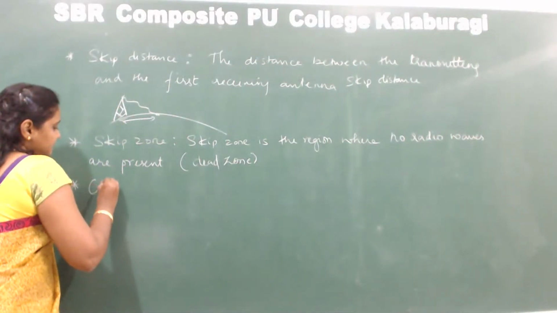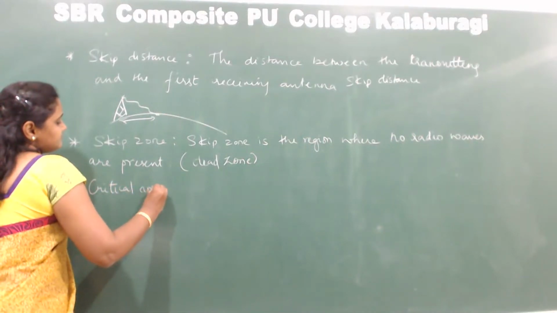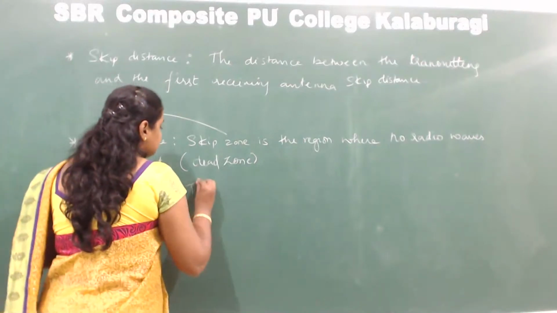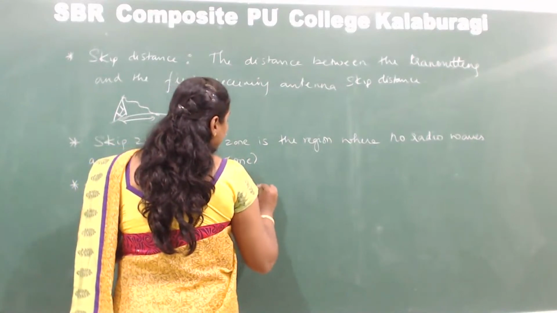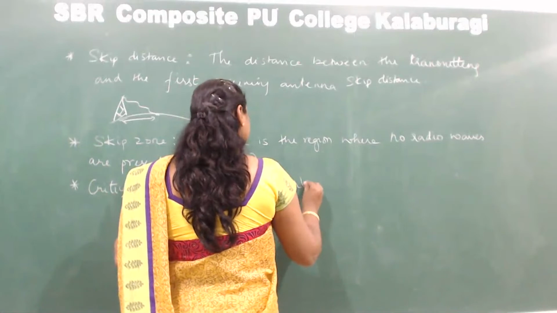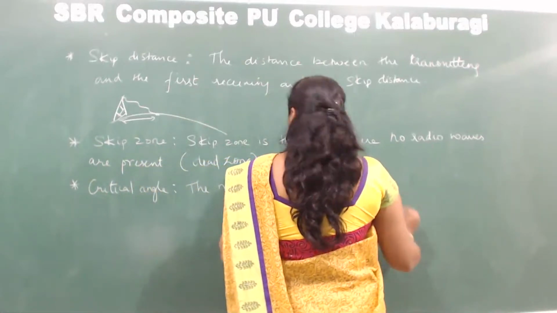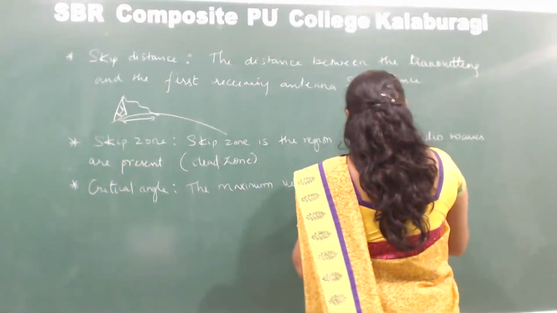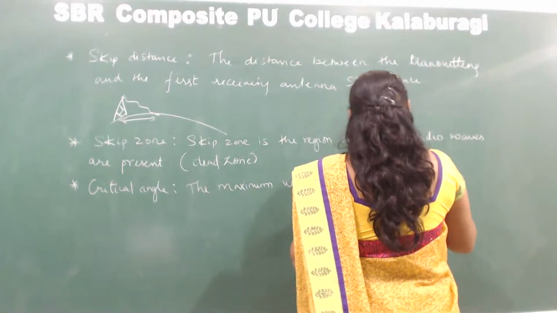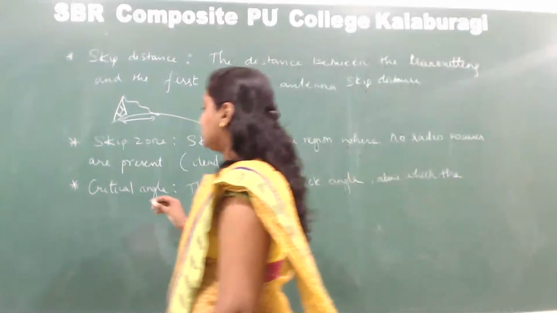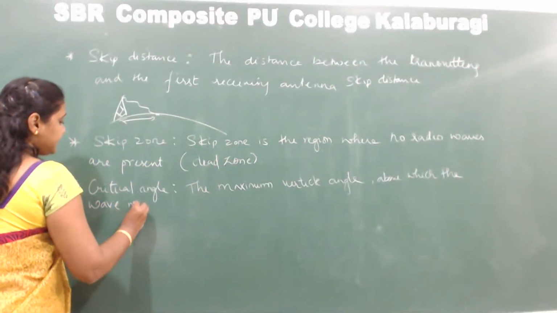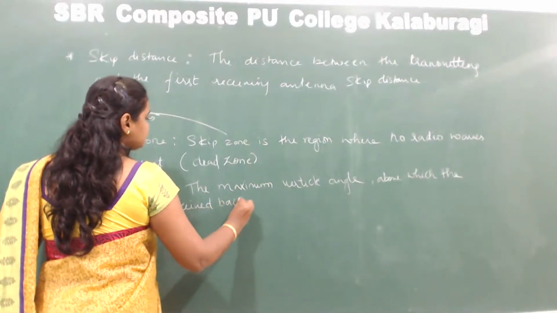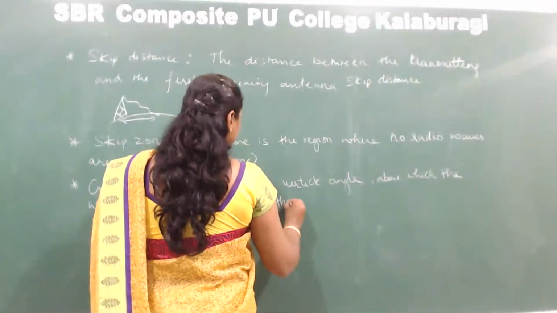Next, critical angle. The maximum vertical angle above which the wave is never received back by the earth.